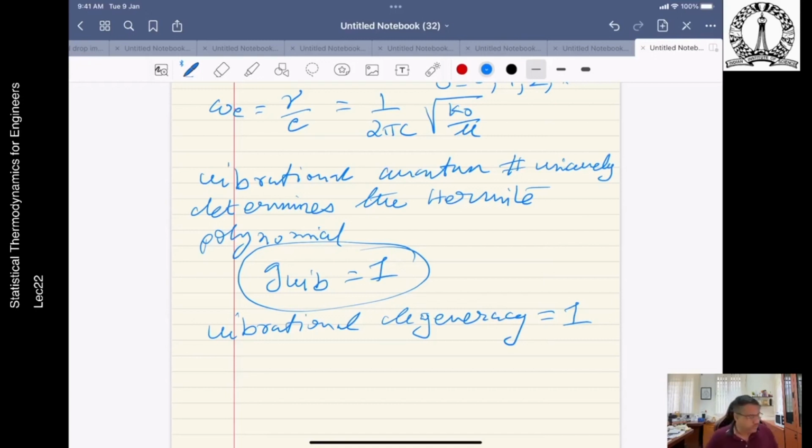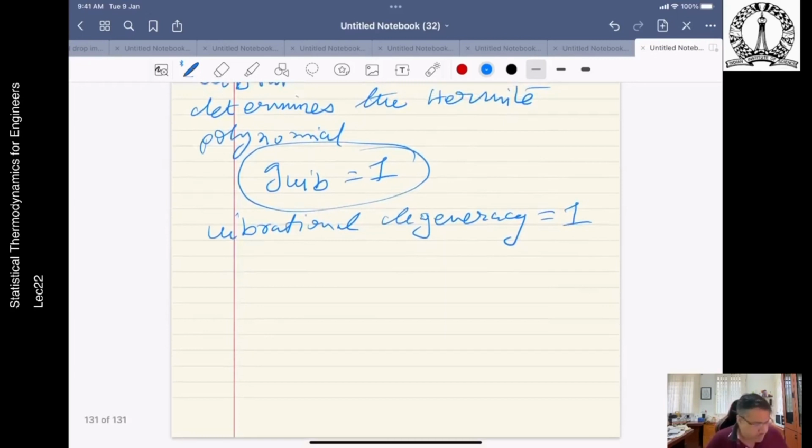Okay, so if you look at a few of these vibrational solutions, the solutions psi v of alpha to the half into x.